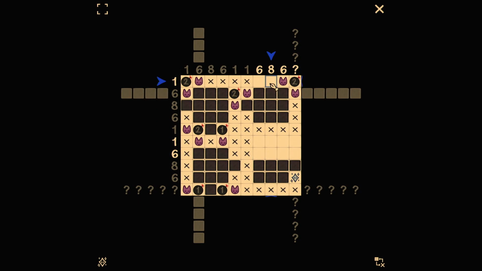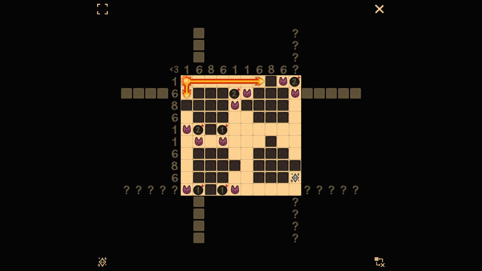It's most likely this goes this way, with that being that way. Yeah, I think I have a strong. And then there we go. Solution.